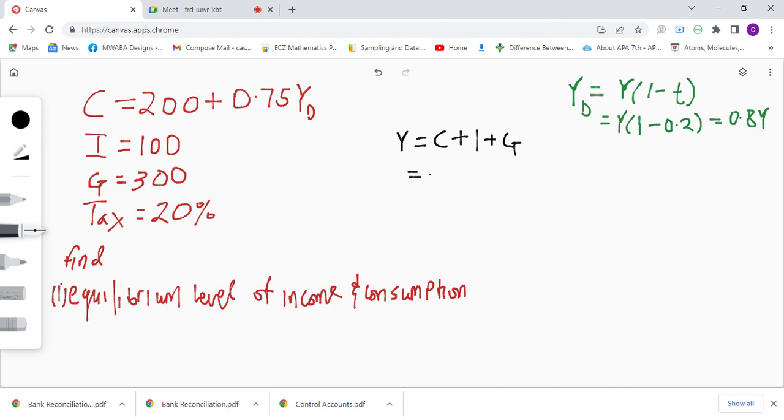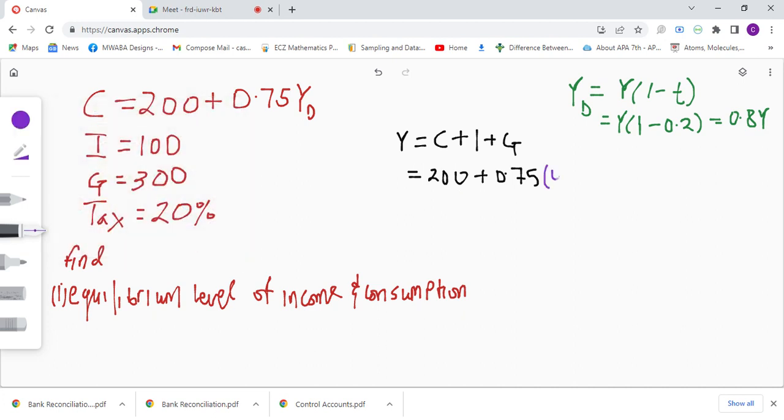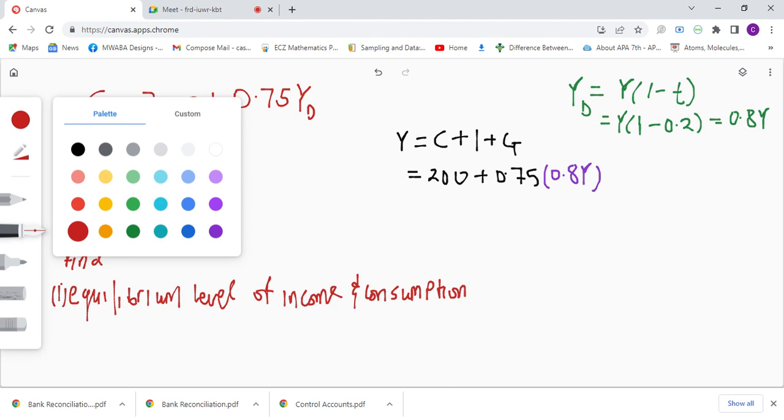So our consumption function is going to be 200 plus 0.75, open brackets, 0.8Y. So that is our consumption function.